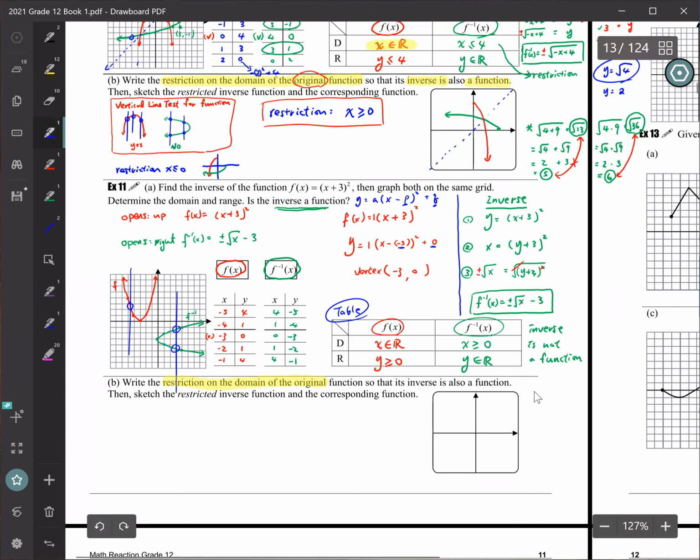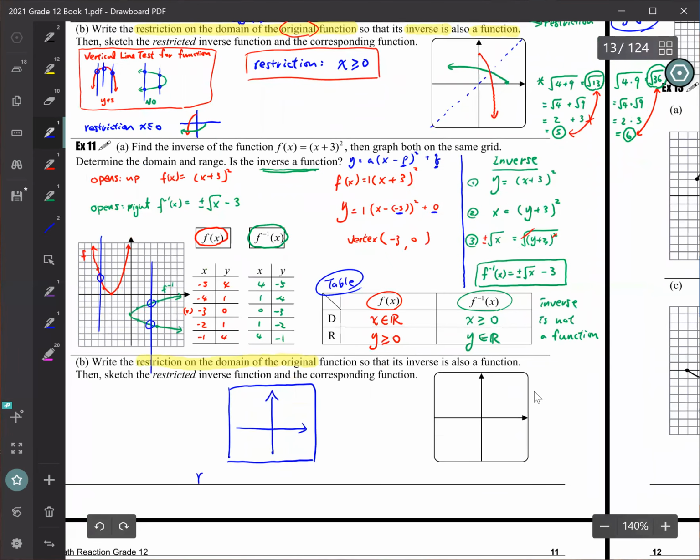Okay, so I would like you to do both as practice, okay? So draw both possibilities and then write the restrictions on the original, for both. Right, so once you've done that, you can raise your hand.